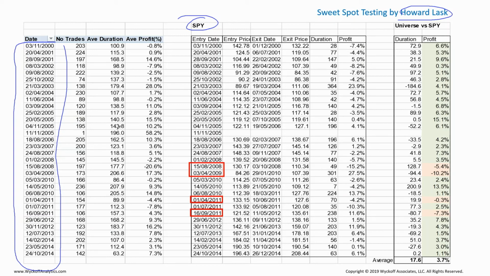And Howard wanted to identify during the same period of time any type of trades that are going to be in the same direction. And he said, I'm going to use the sweet spot to see if the sweet spot is going to outperform.